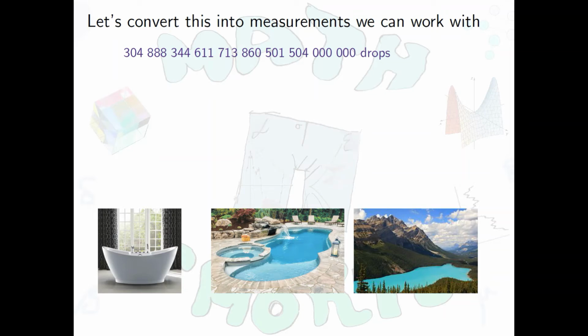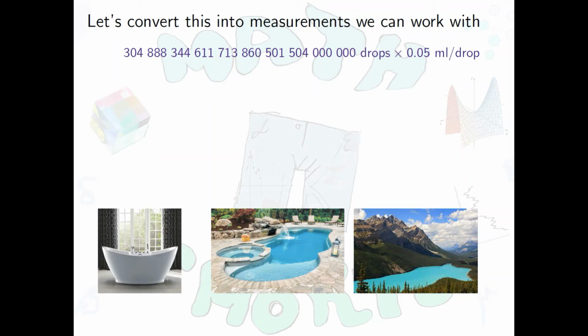Okay, to get a sense of how much this is, we have to turn this into something that we can visualize and work with. So I looked up on the internet, and a drop of water is about 0.05 milliliters, if we're looking at it in a medical sense. So that's what I'm going to use.